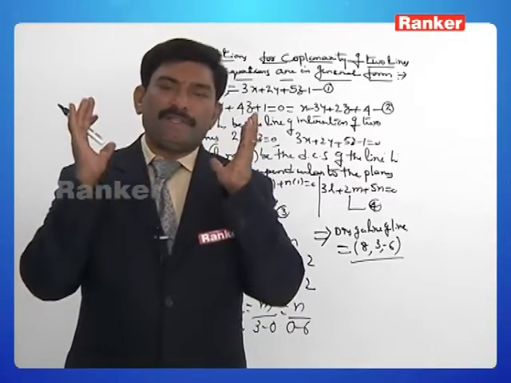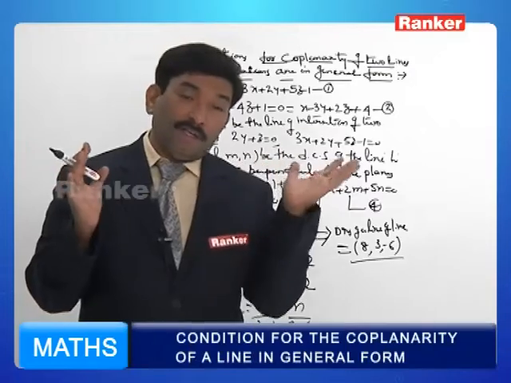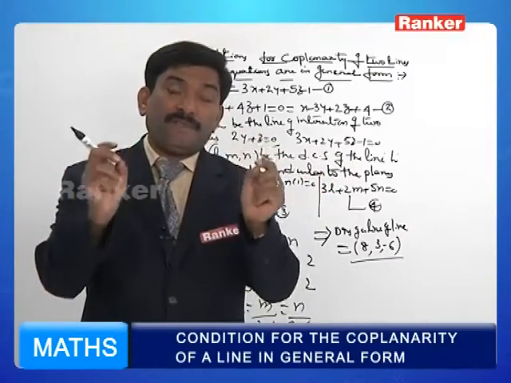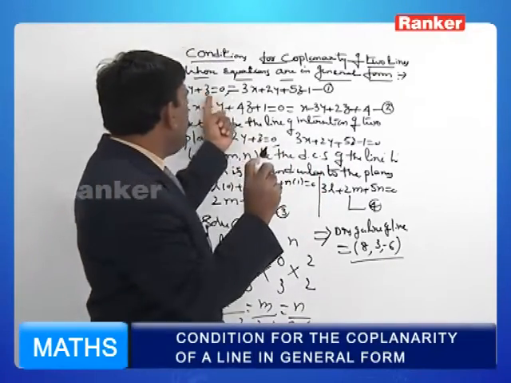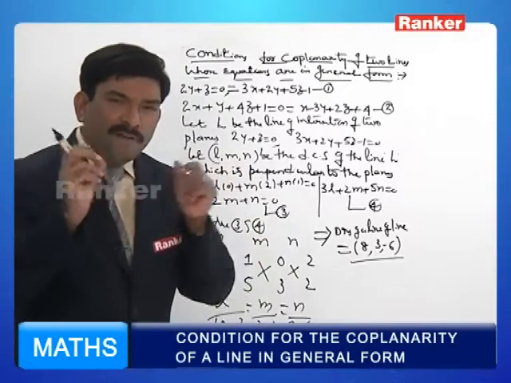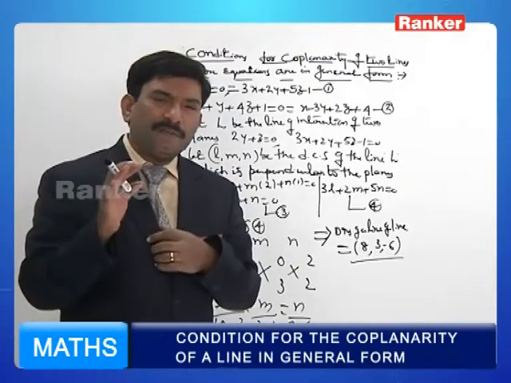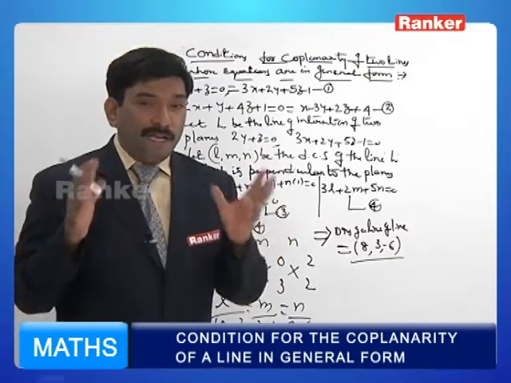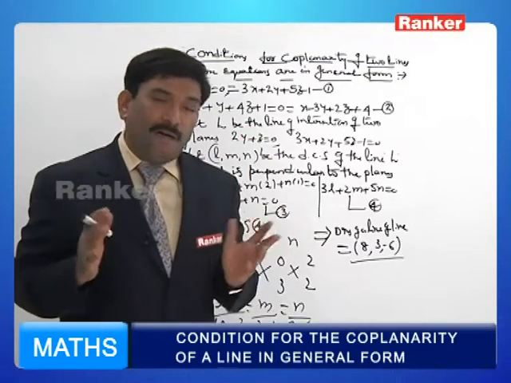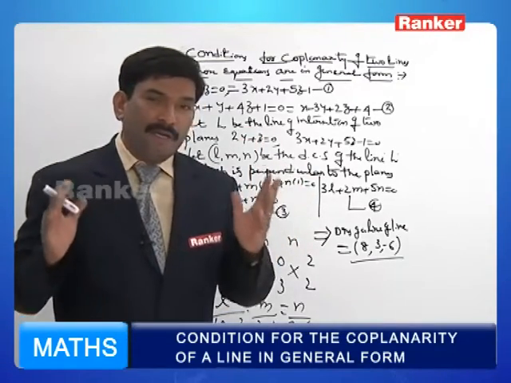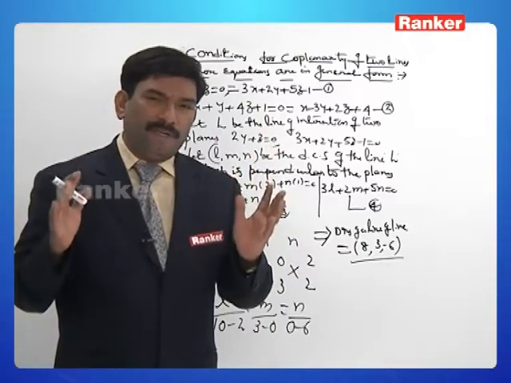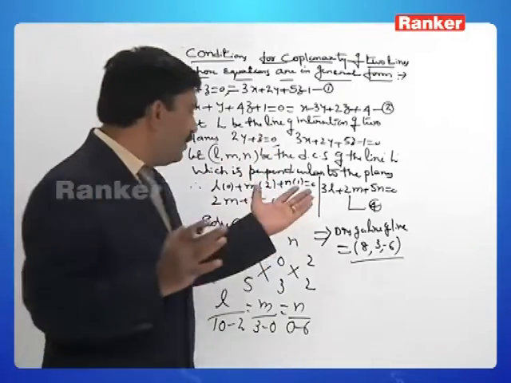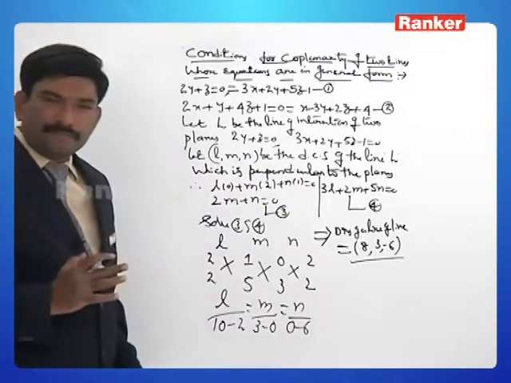To write the equation of a plane containing these two lines, first of all you have to convert the first two lines into symmetrical form. To write the equation of a straight line in symmetrical form, it must be in the form (x minus x1) by l, or (x minus x1) by a, (y minus y1) by b, (z minus z1) by c. We got a, b, c, right?